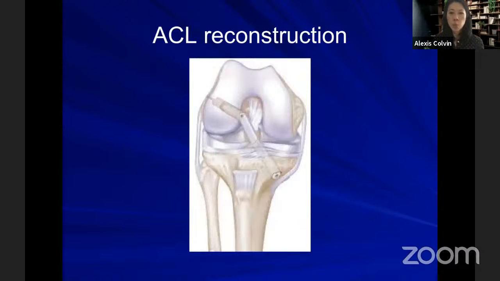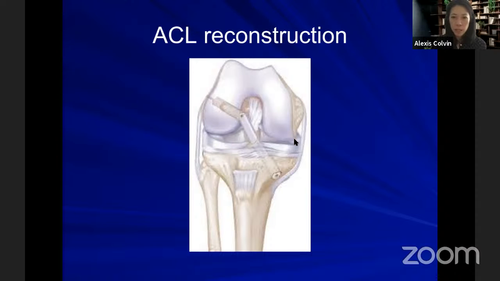And again, this is what it looks like when you're done. So this would be facing someone's knee with their knee bent. And what you can see is that on the tibia, there's a small screw. So that would be the bottom bone, and the sort of tan. I don't know if you want to put your pointer on there. Go a little bit to your right.